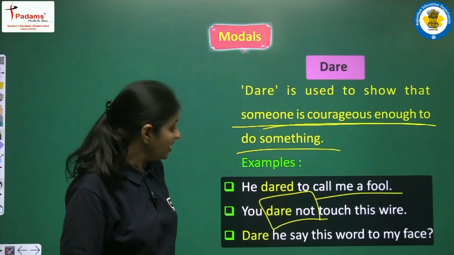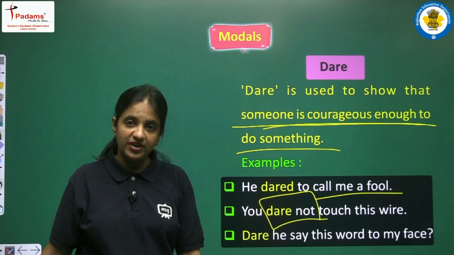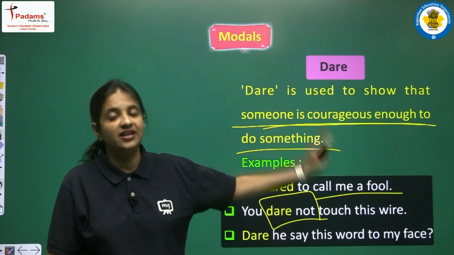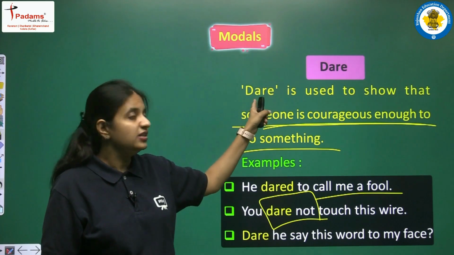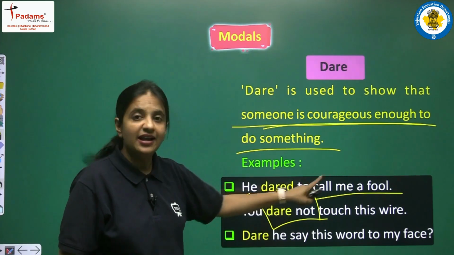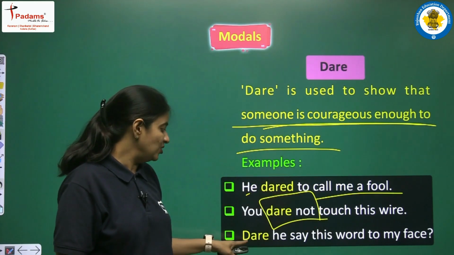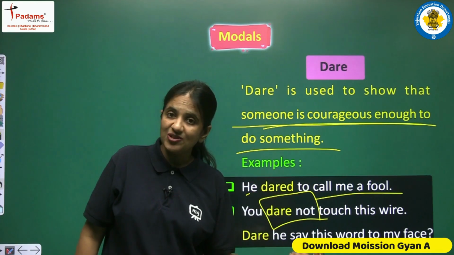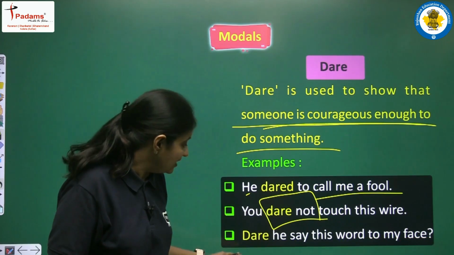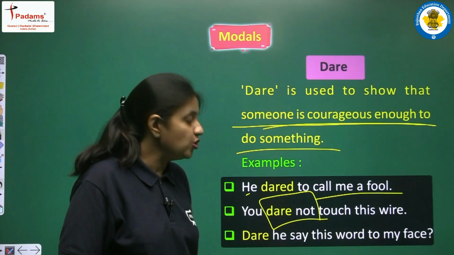Next is, dare he say this word to my face. Here we can see that we have an interrogative sentence. So it means that we can use this modal dare in a positive sentence, in a negative sentence, and yes, in an interrogative sentence also. We are talking about one person who must have said some bad word, and we are saying, dare he say this word to my face.